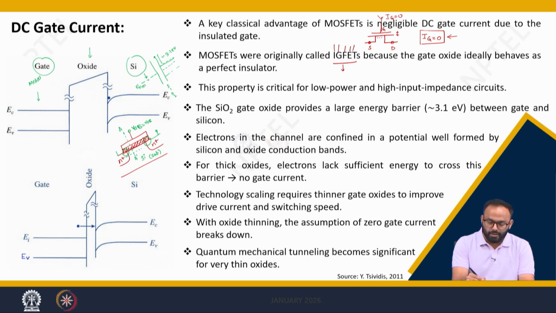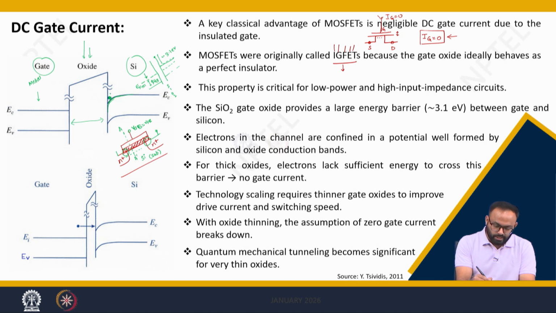The metal Fermi level will go down by the same amount with which you are applying the voltage, let us say VGB. Because of that, there is bending in the semiconductor bands. That is what we have discussed, how depletion and inversion take place. So, when you apply a positive voltage, there is a bending at this side and the electrons will come into this triangular potential well. Now, if the oxide is thick enough, then these electrons will be confined.